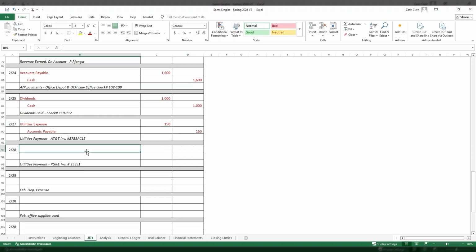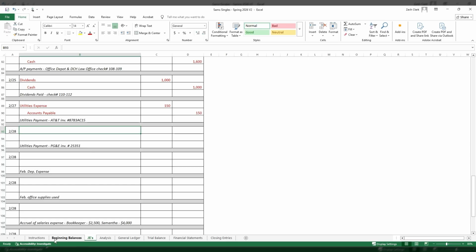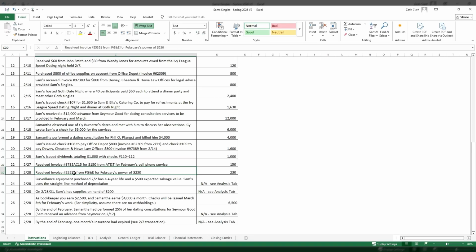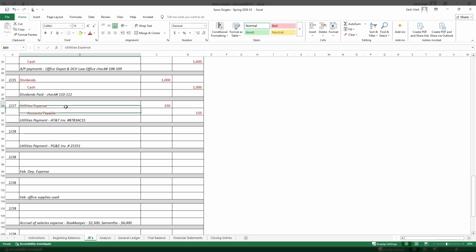Great. And now we're on to February 28th. And so this one's real similar. We got a PG&E bill. This was a cell phone bill, now a PG&E bill. And we're going to group those together into the same account, essentially. So utilities expense, and accounts payable.